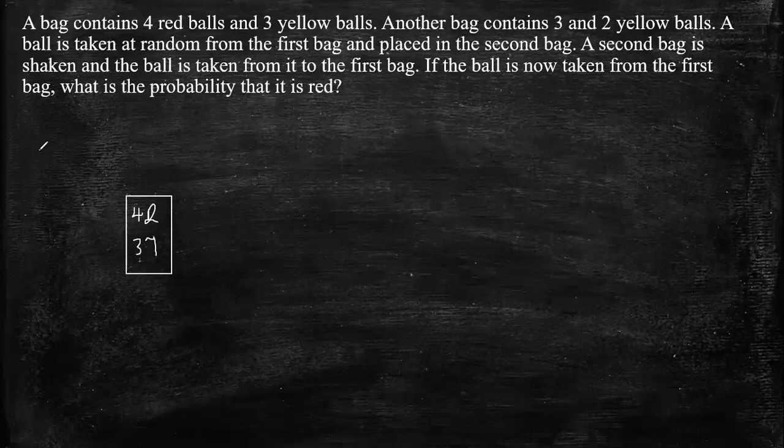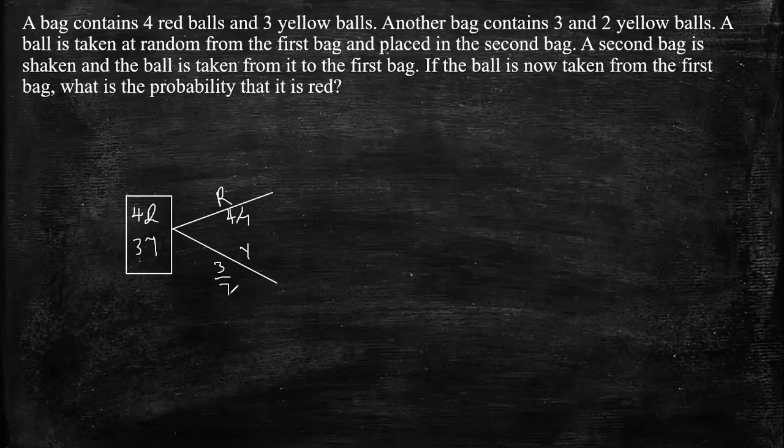So we are picking from the first bag and then we place in the second bag. Now, if we pick red, the probability is going to be 4 out of 7. If we pick yellow, the probability is going to be 3 out of 7.